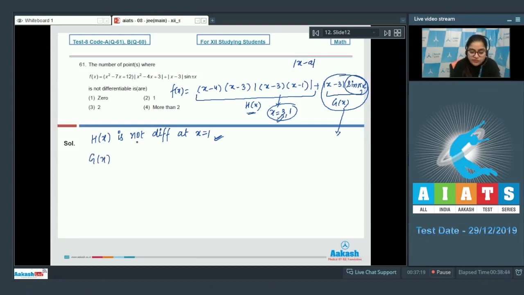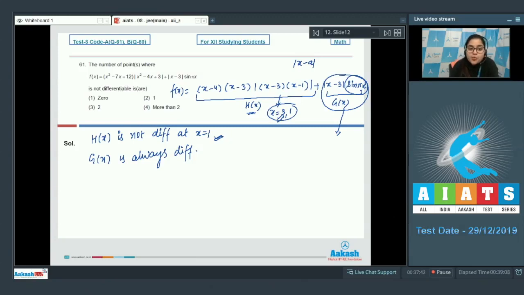So your function g of x is always differentiable. So your entire function f of x is equal to h of x plus g of x. So h of x is not differentiable at x equal to 1 and g of x is always differentiable. So your entire function f of x is not differentiable at x equal to 1.